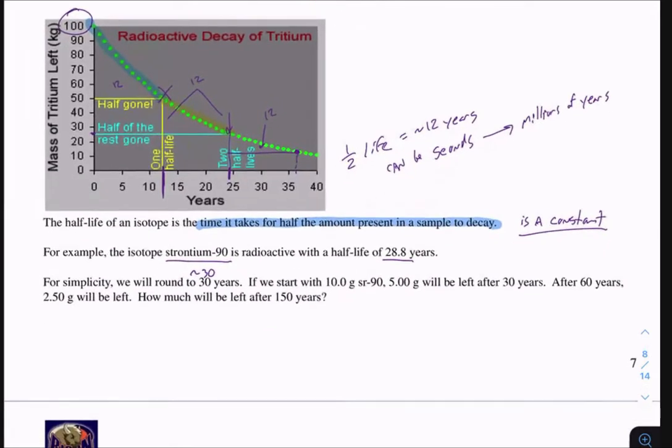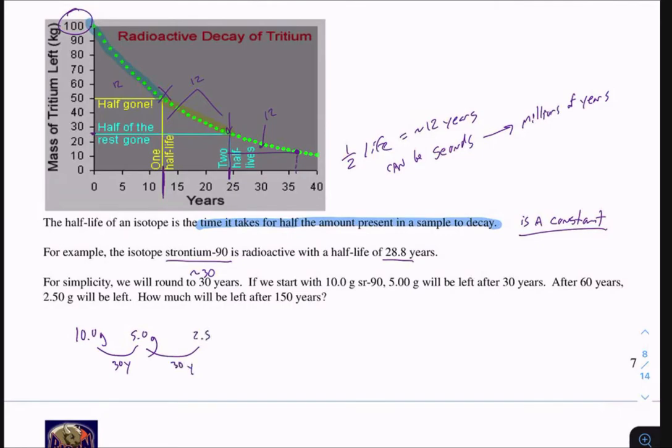If the half-life is 30 years and we start with 10 grams, it's going to take about 30 years for there to be 5 grams remaining. Then after a total of 60 years, which is 30 additional years, it'd be about 2.5.